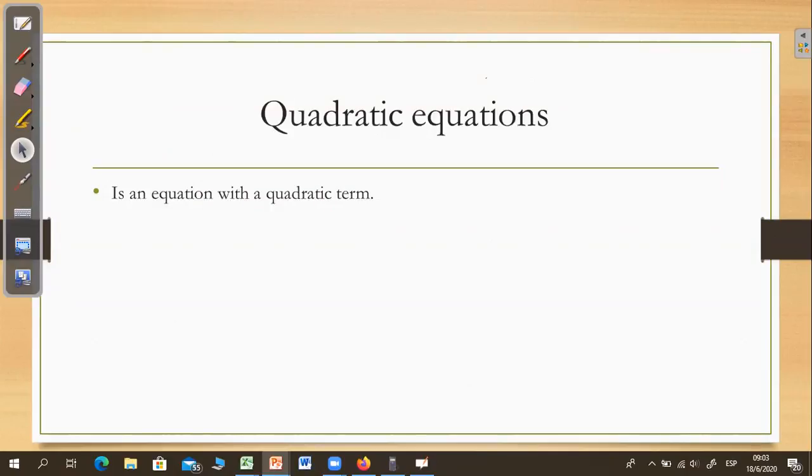Yes or no question. Is the equation I'm doing right now a quadratic equation? Is that a quadratic equation? Nobody? Okay, do we have a quadratic term in here? Someone says in the chat, let me see.